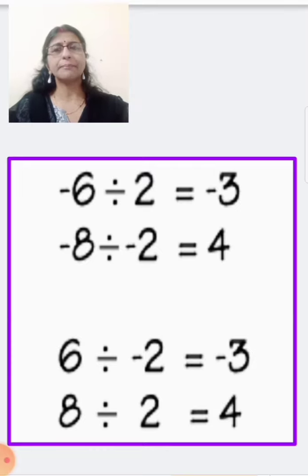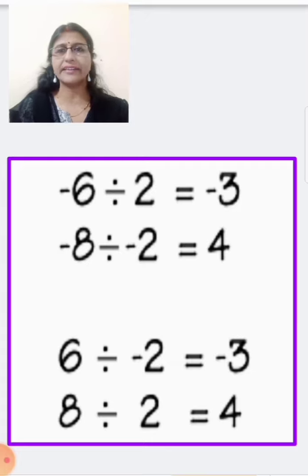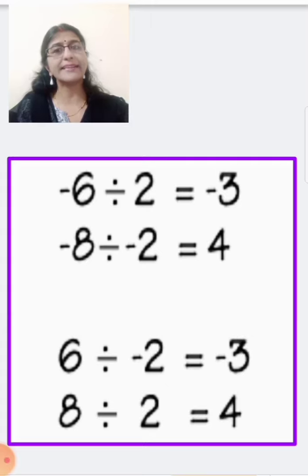The first example here is -6 divided by 2. As you know, -6 is an integer, 2 is also an integer. When you divide them, you get the quotient -3, which is also an integer. Second example, -8 divided by -2.